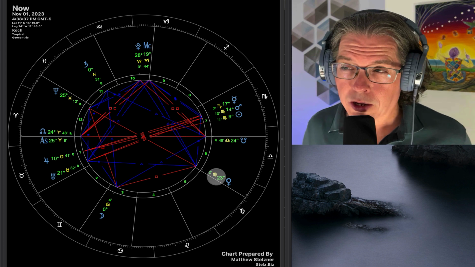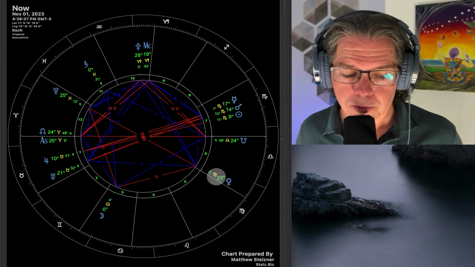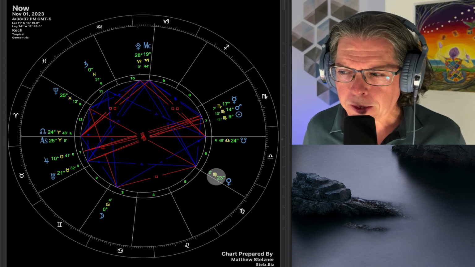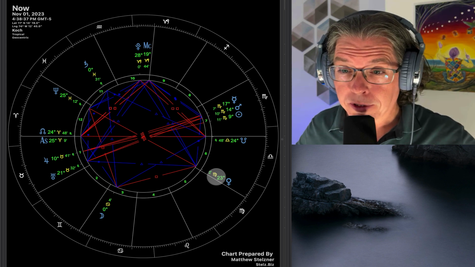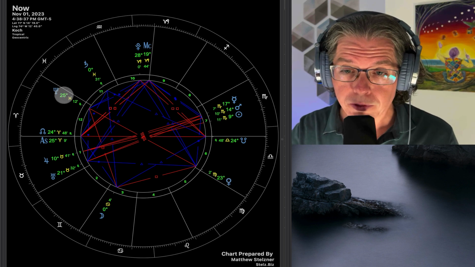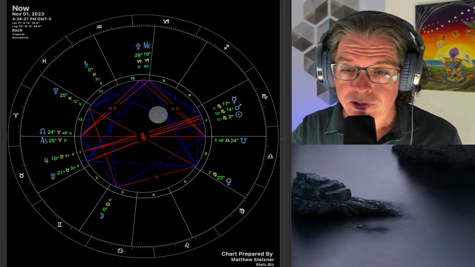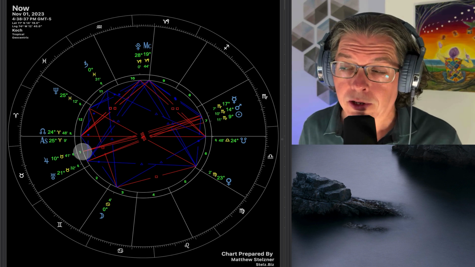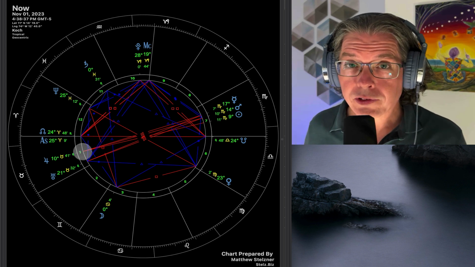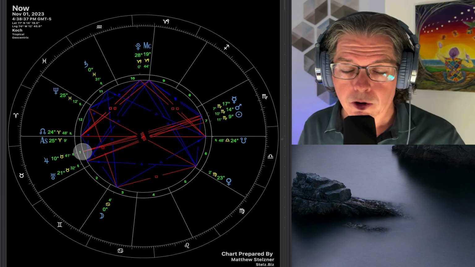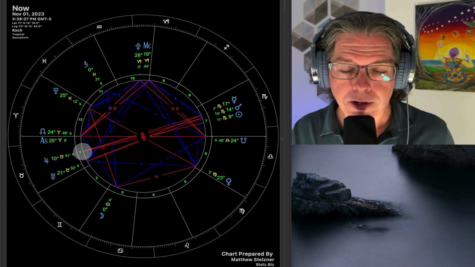A kite formation, I think, is one of the most special geometrical patterns you can get because it combines the dynamism of the opposition, in this case the Venus-Neptune, with the trines and sextiles of the other planets combining. The trines and sextiles are the soft aspects and tend to bring more flowing, harmonious energies.